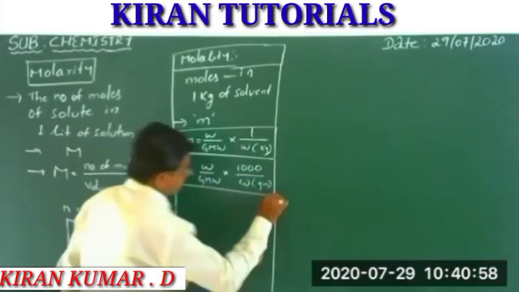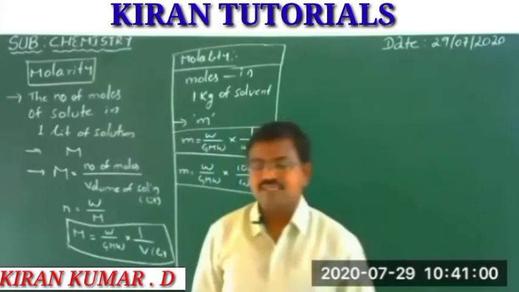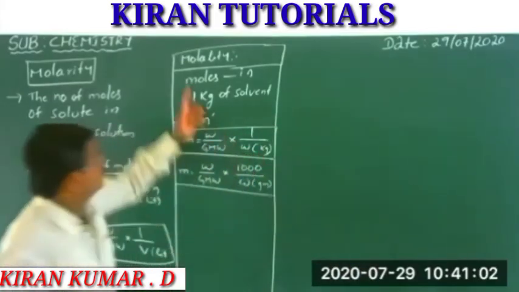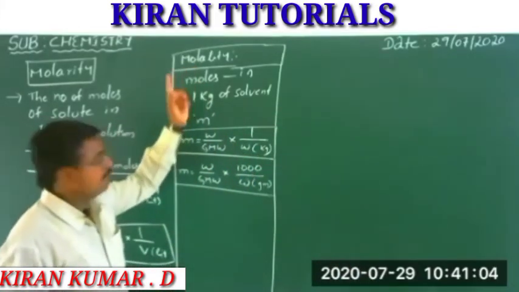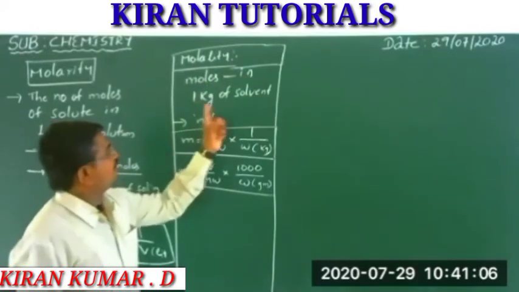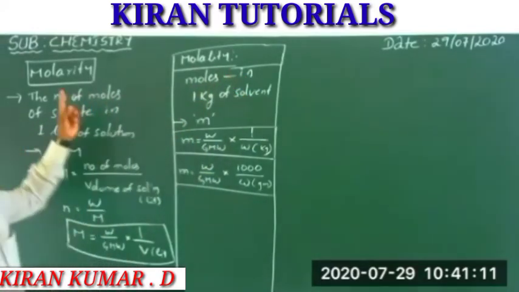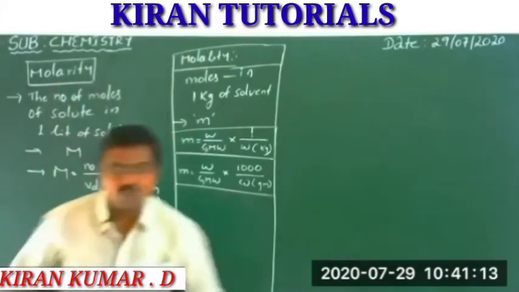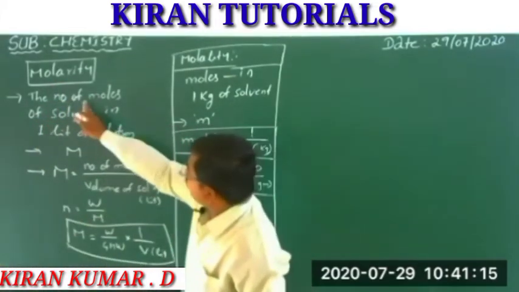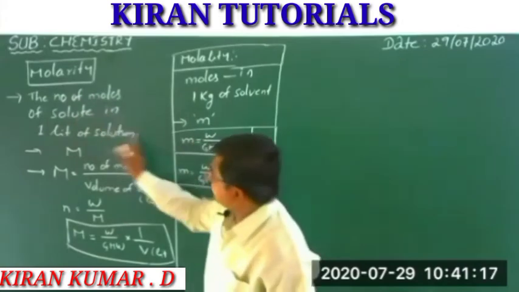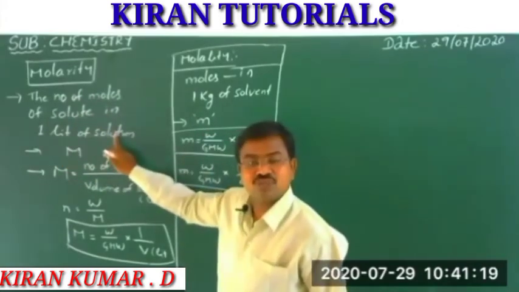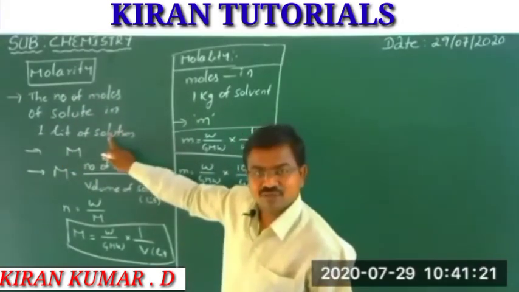See, molality is nothing but the number of moles present in 1 kg of a solvent. Molarity is nothing but the number of moles of a solute present in 1 liter of a solution.